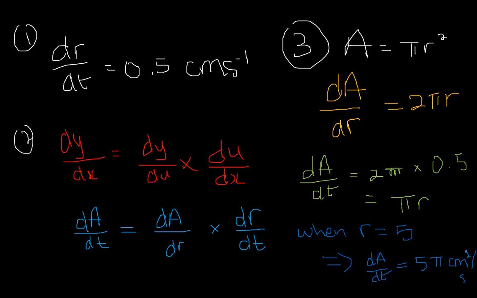So if you get the units wrong, obviously you would lose that mark. This is area, so it's centimeters squared, and this is time, so it's seconds. So centimeters squared per second. You understand so?